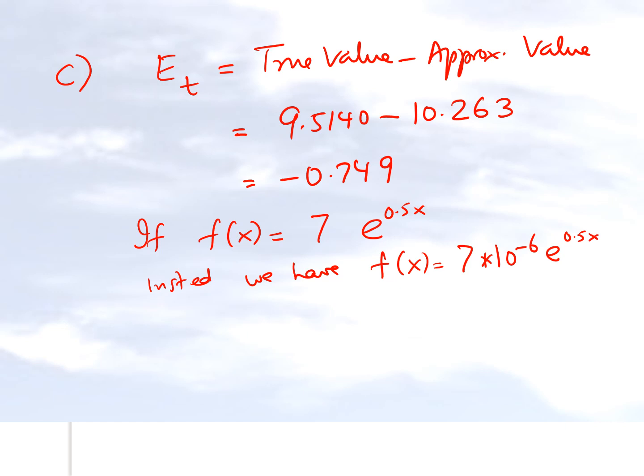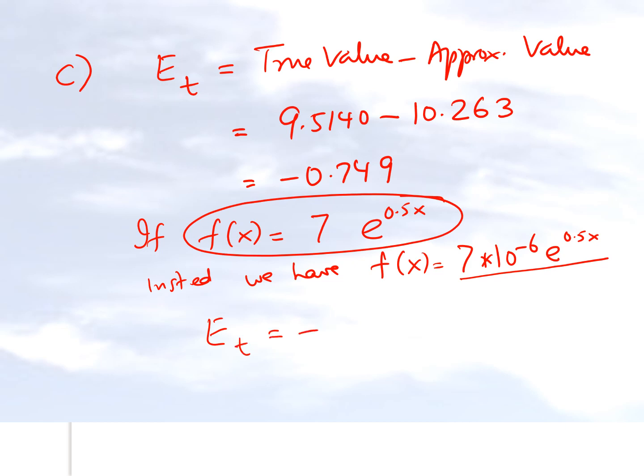Let's suppose the previous example, the only thing which was changed was the function. Rather than being given as 7 e to the power 0.5x, it is given as 7 times 10 to the power minus 6 e to the power 0.5x. If we repeat the problem, the true error would be minus 0.749 times 10 to the power minus 6.